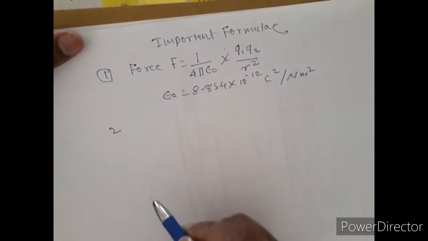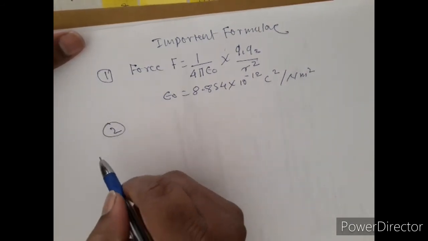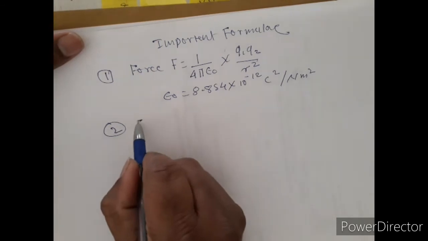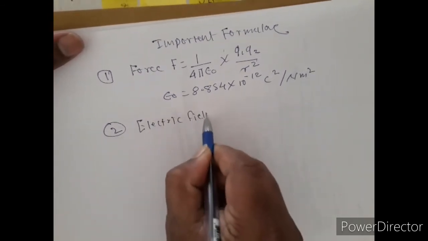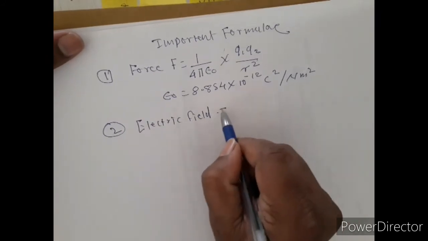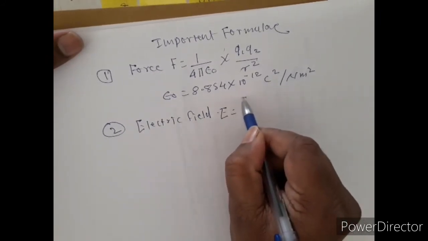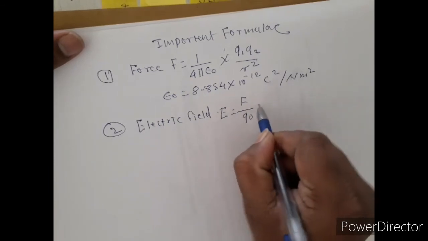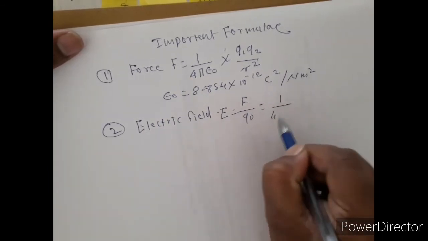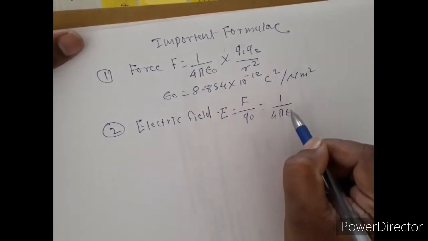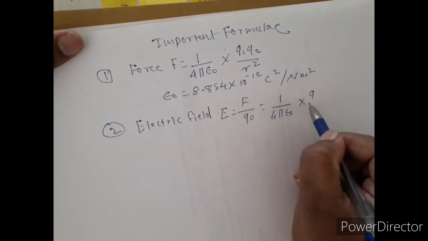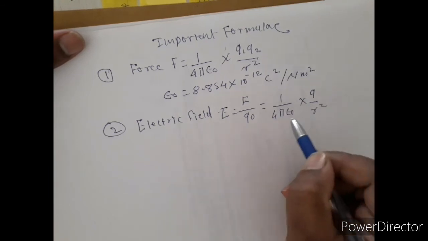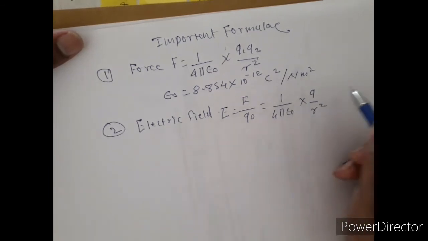Second important formula for this chapter is electric field. Electric field E is equal to F upon Q0, is equal to 1 upon 4 pi epsilon 0 into Q upon R square. Its SI unit is Newton per Coulomb.